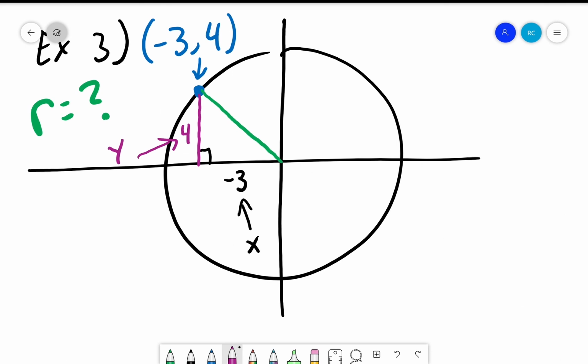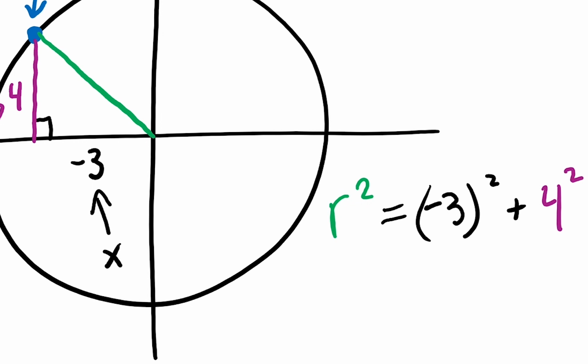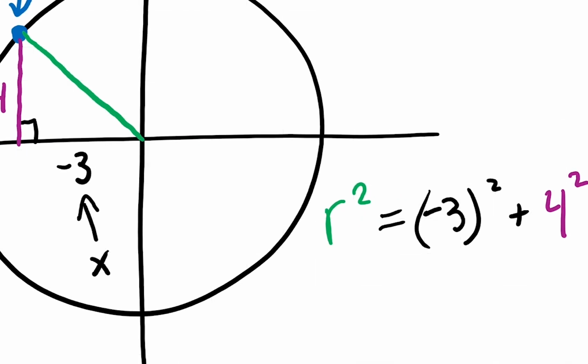What's the radius? We know that the radius squared is going to equal x squared plus y squared. Again, it's just the Pythagorean theorem, and once we have the radius, we can generalize.